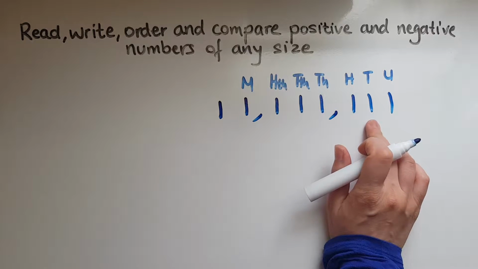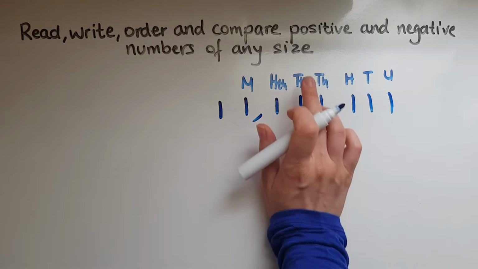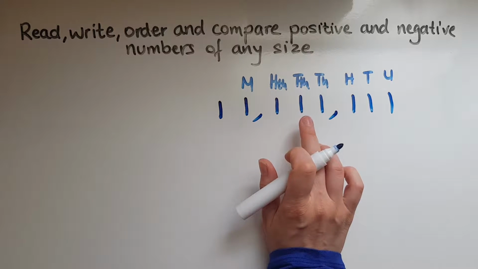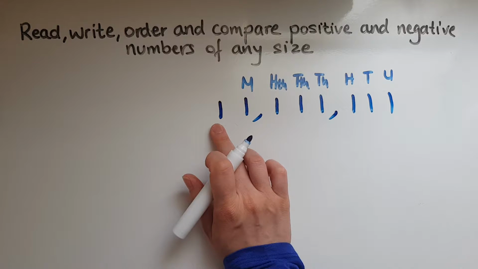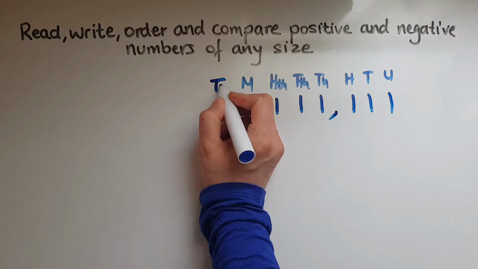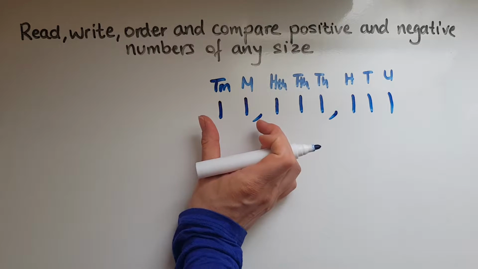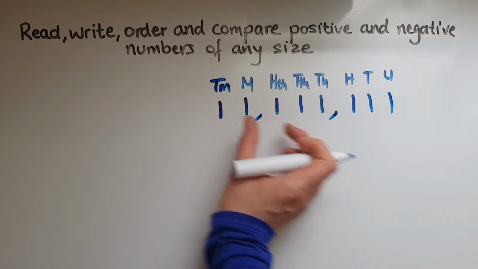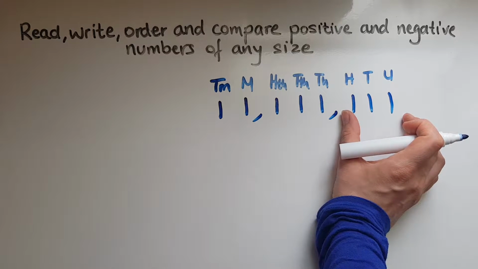What is this digit? That is the tens. And what's that one here? That's the tens of thousands. So this is going to be tens of millions. So I'd read this as 11,111,111.